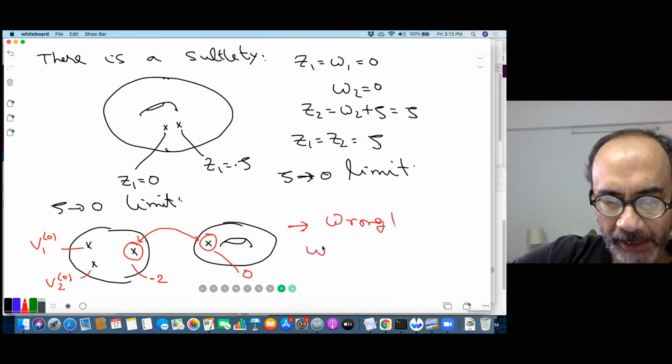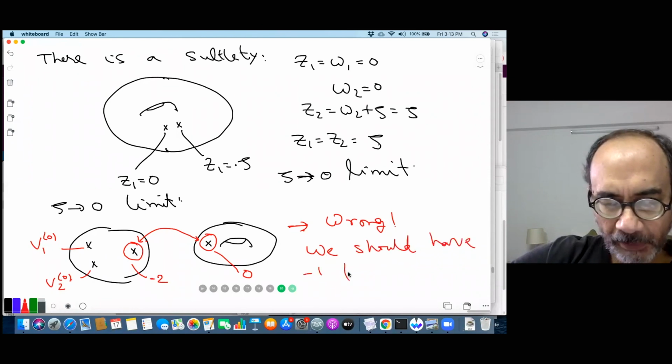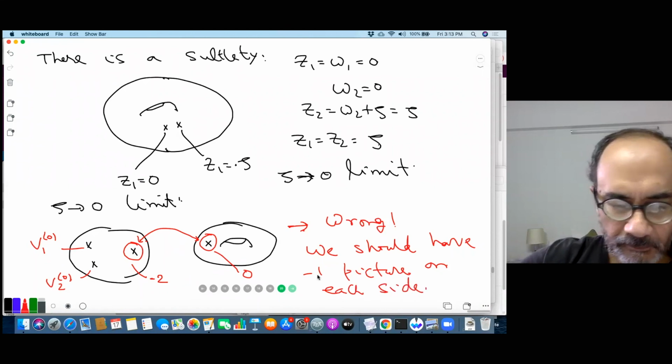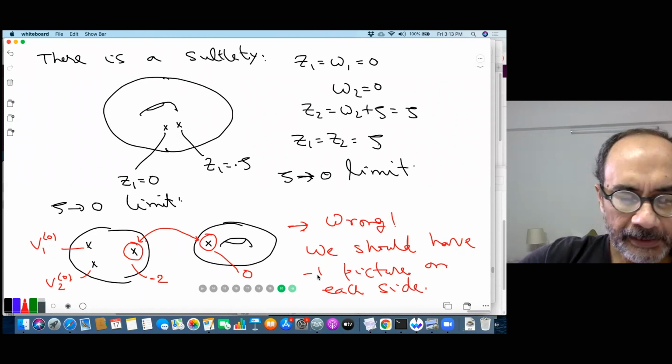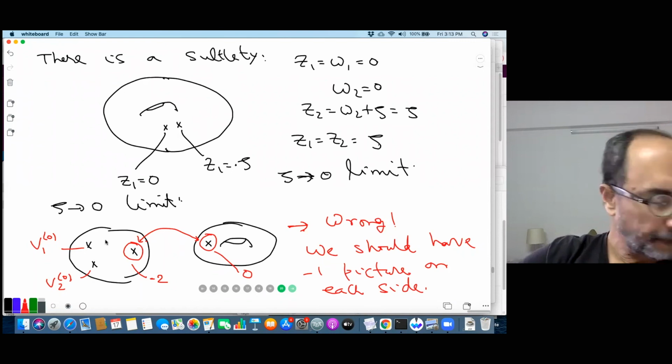We should have -1 picture on each side. So we have done something wrong by fusing the picture changing operators with the vertex operators. You can do it when they're far away, but it's not a valid operation when they're coming close.